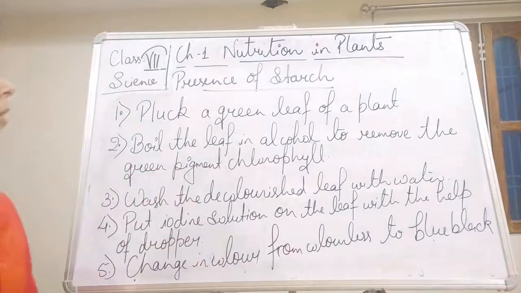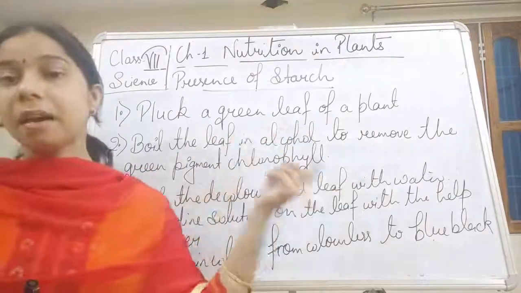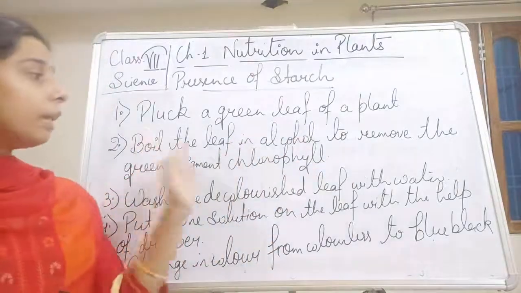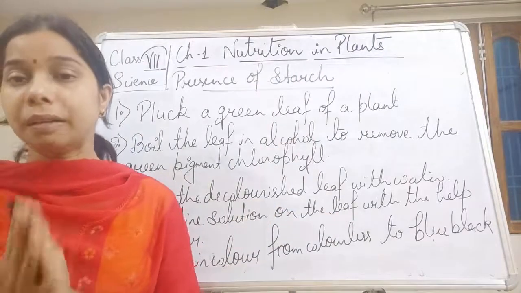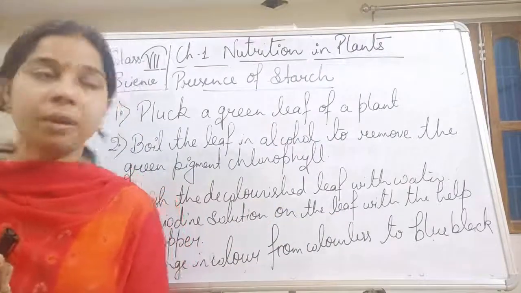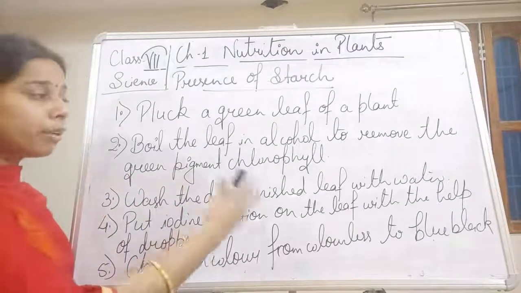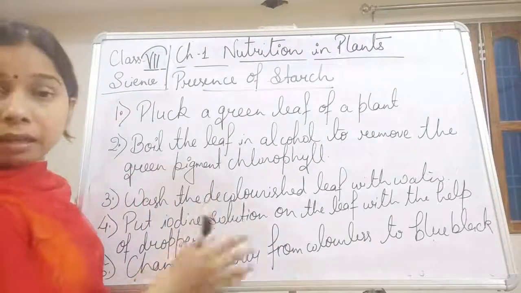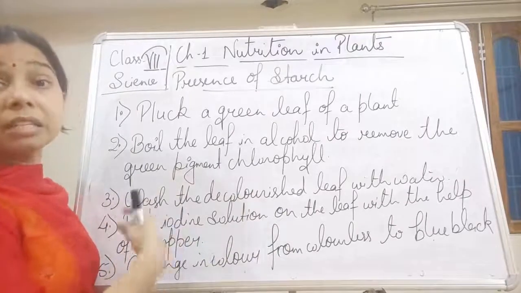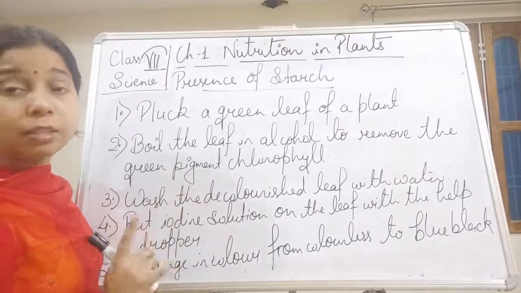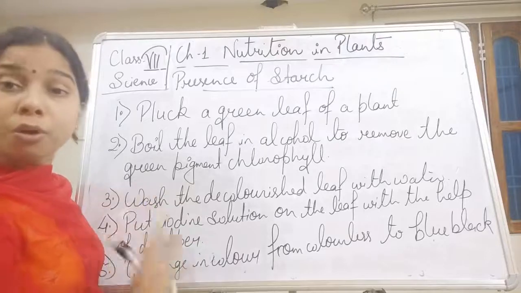So first of all, we will take a green leaf, then we will boil the leaf in alcohol in order to remove the green pigment, the green color from it. Now when the chlorophyll is removed, the green color is also removed along with that. Now this leaf is decolorized. What does that mean? It means that there is no color at all right now.